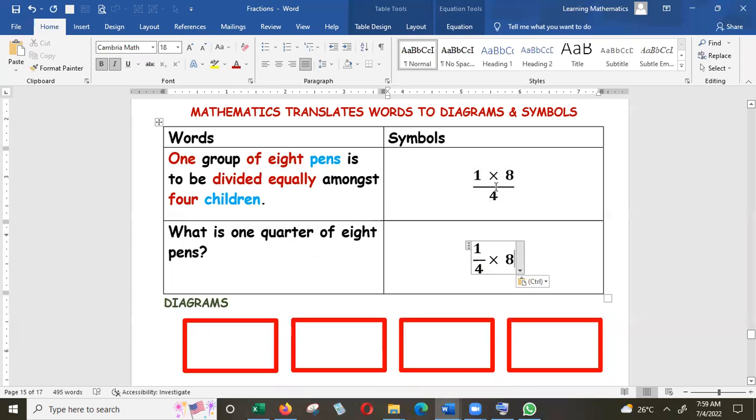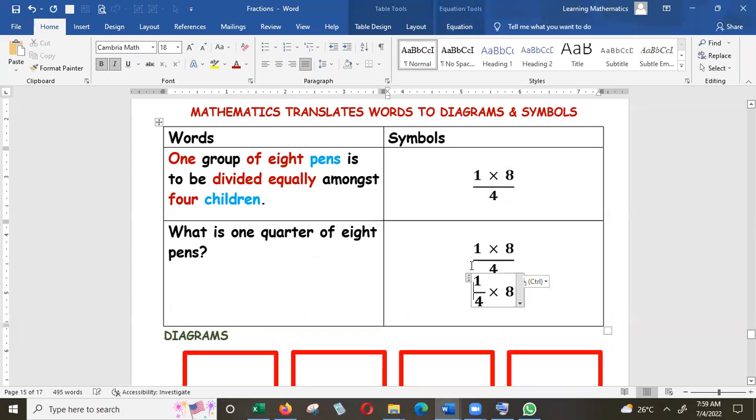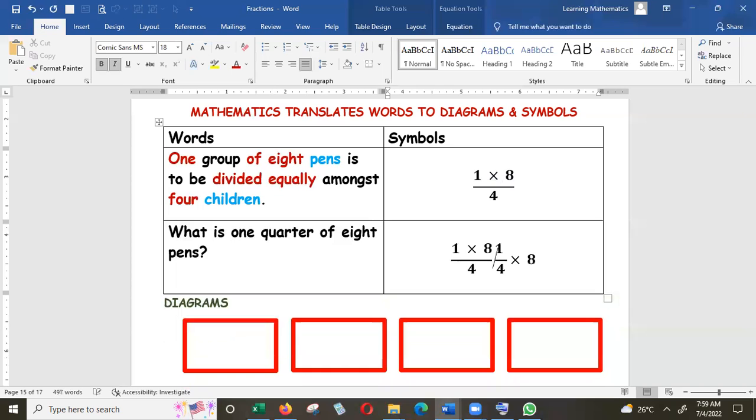That and that is the same thing. We can even put them side by side. One group of 8 divided amongst 4 is the same as saying 1/4 of 8. All right, now what is 1/4 of 8?